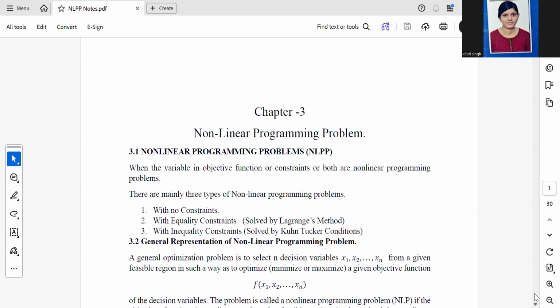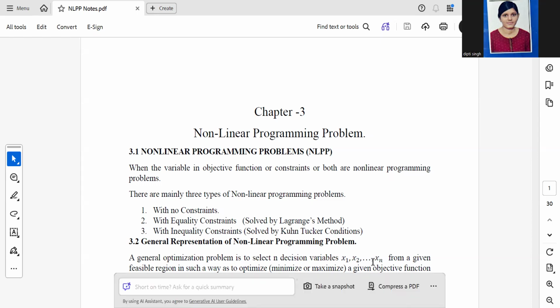Now there are mainly three types of nonlinear programming problems. The first is with no constraint, the second is with equality constraints, which can be solved using the Lagrangian method, and the third is with inequality constraints. Do you know about equality constraints and inequality constraints?